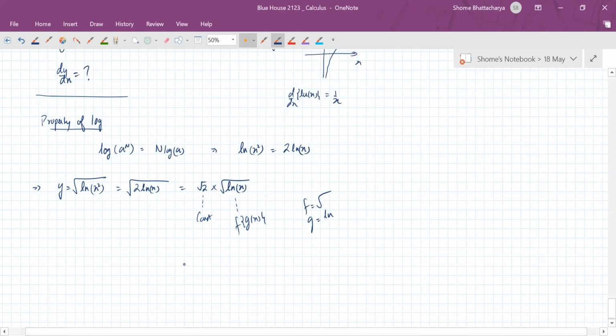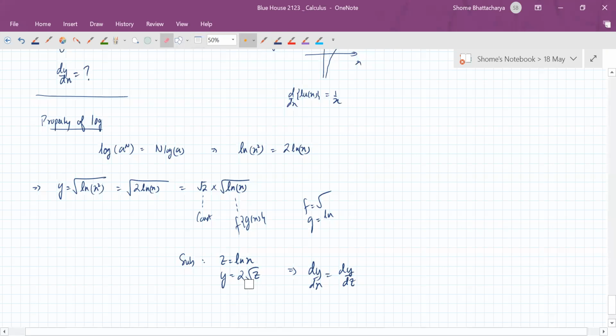Okay. So very simply, we will substitute z as ln x. So y becomes 2 root z. So dy by dx. Oh, sorry. It becomes square root of 2 into square root of z.